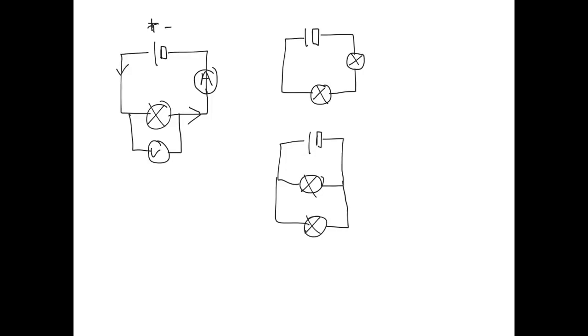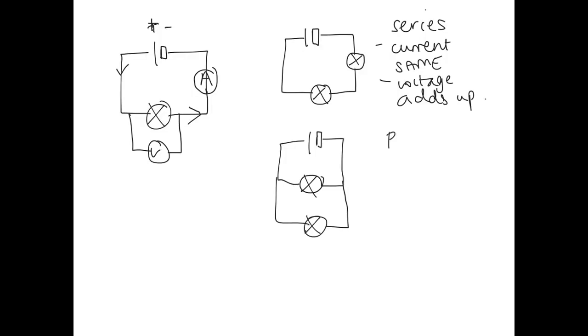And there are a couple of circuit rules you need to know, which is things like this. So in a series circuit, the current is the same everywhere, and then the voltage of the individual components adds up to what is coming out of the cell.